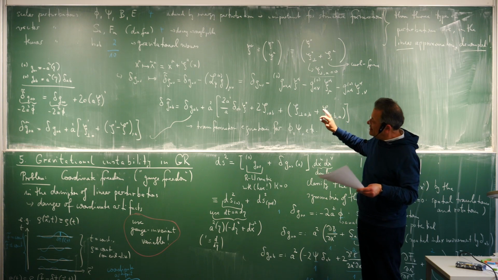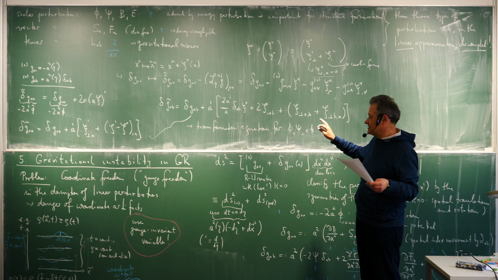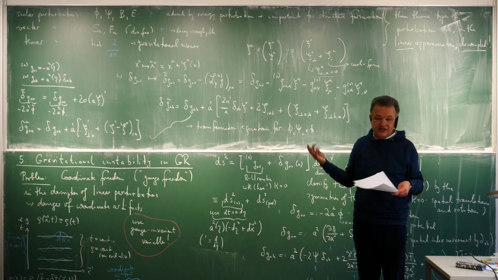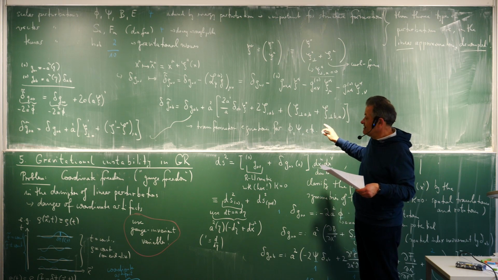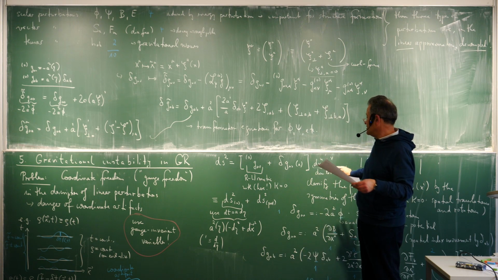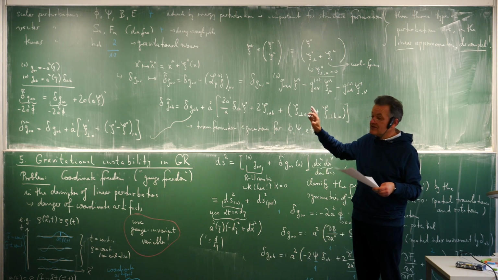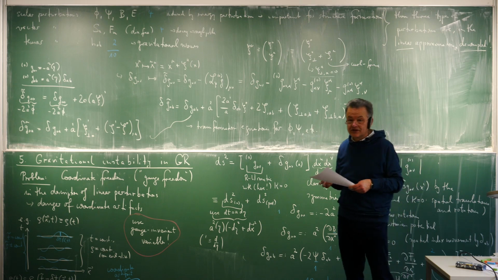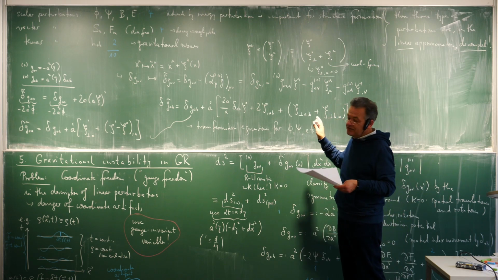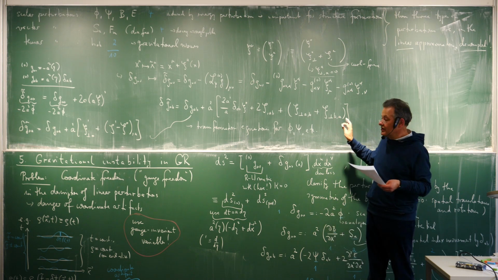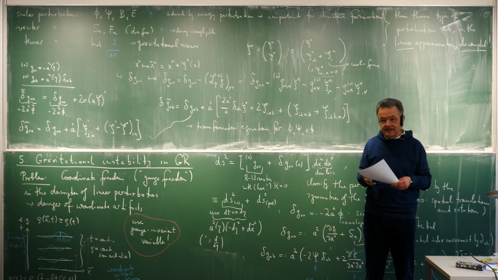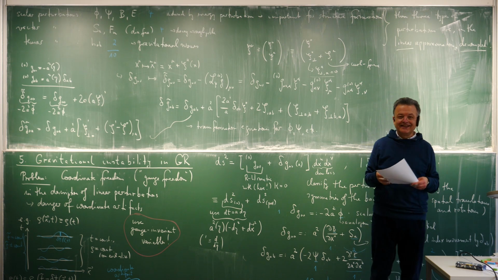So you see that the case of GR is much more involved, as expected, that we have to take care with the calculations and how we interpret the quantities. But so far, I can say that everything is under control, and I will discuss the details next time. So bye-bye for today, and until next time.